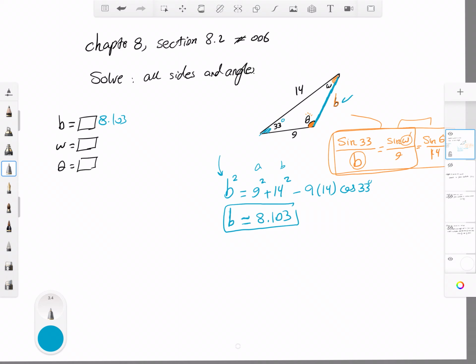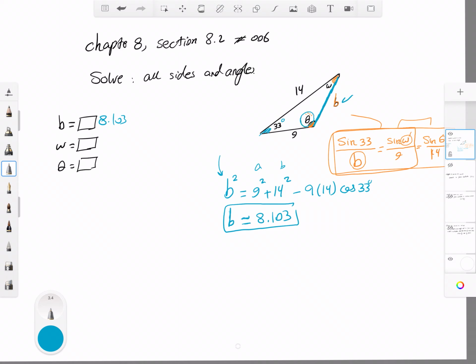Now we can use law of sine or law of cosine again. I'm going to use law of cosine.